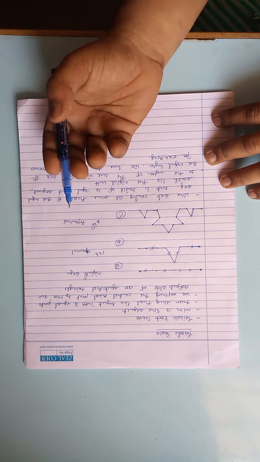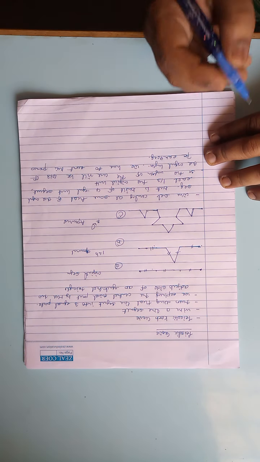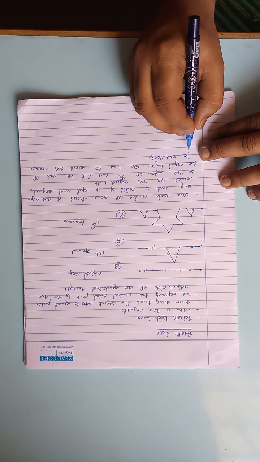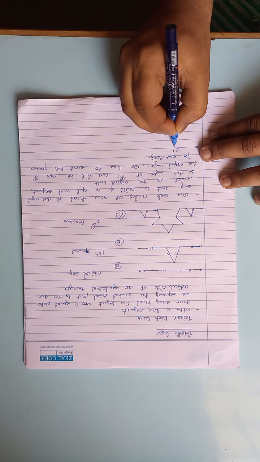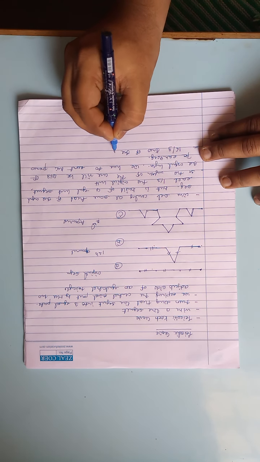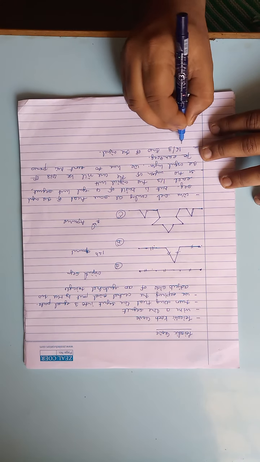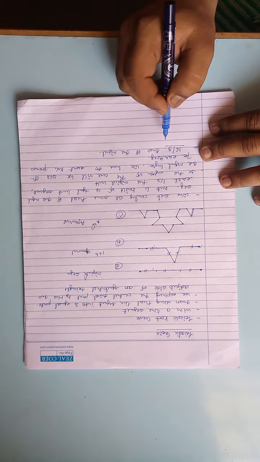After the second approximation, the length of the curve becomes 16 by 9 times the original.